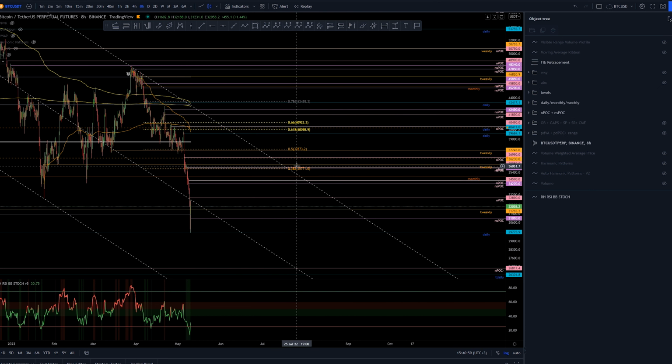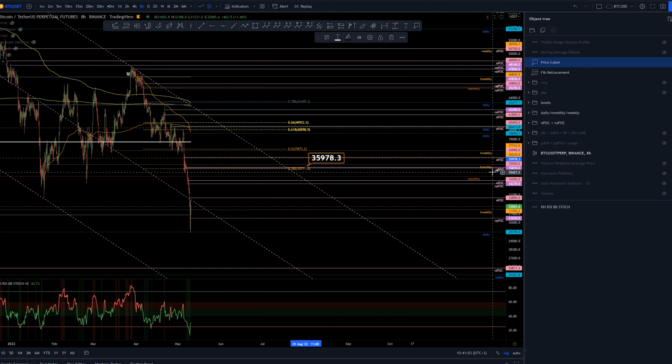Others is around this tapped weekly around 36.2k. There's also a naked session point of control and naked point of control with a 38.2 retracement from the highs of this move.